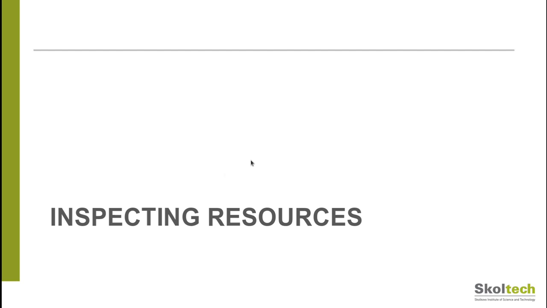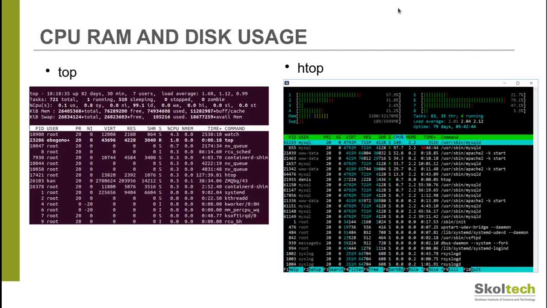For that purpose, there are a lot of useful tools. For example, top and htop. Top allows you to see how CPUs, RAM, and disks are loaded. With htop, you can see a fancier interface that is also configurable.